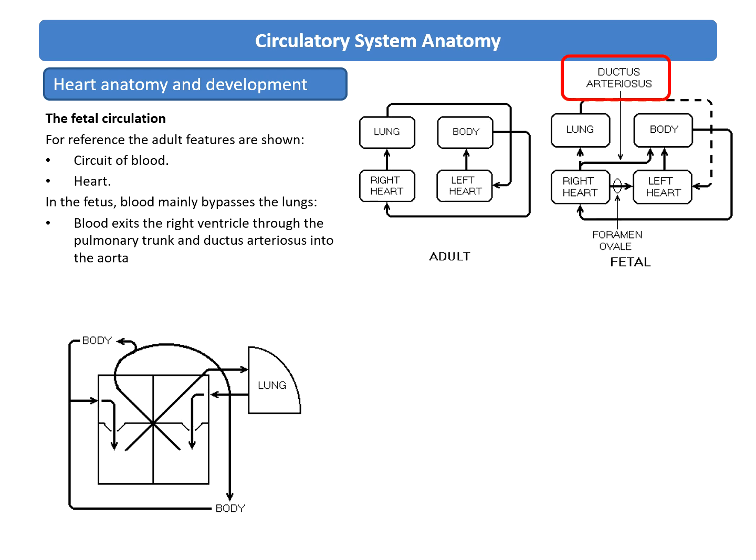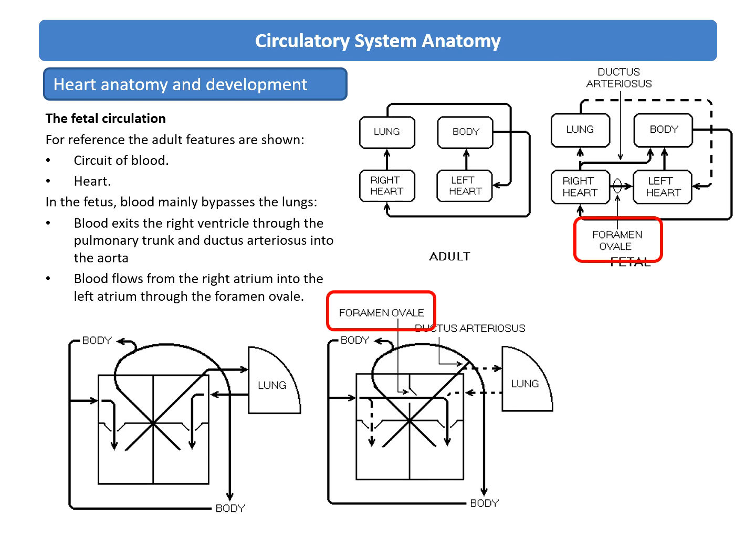Blood exits the right ventricle through the pulmonary trunk and the ductus arteriosus to the body circuit. The ductus arteriosus is a little connection between the pulmonary artery and the aorta. Blood from the right atrium into the left atrium, instead of flowing to the ventricles, flows through the foramen ovale, that little hole, the trap door between left and right atrium.